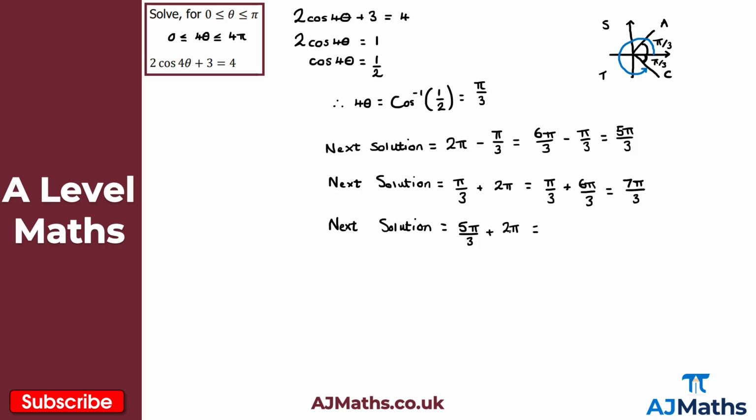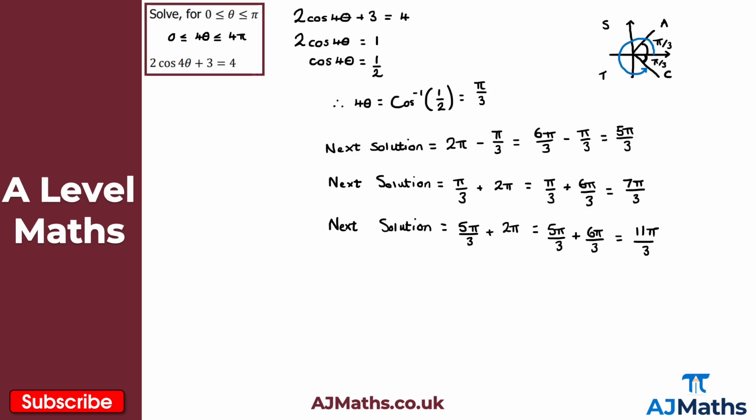So 5 pi over 3 plus 2 pi, so that's the same as 5 pi over 3 plus 6 pi over 3. And if we simplify that, we get 11 pi over 3. Now we are getting pretty close to the 4 pi here, the upper limit on my inequality here. So 11 pi over 3.